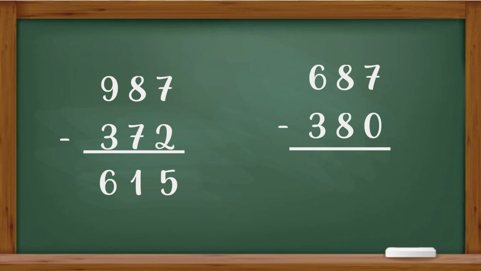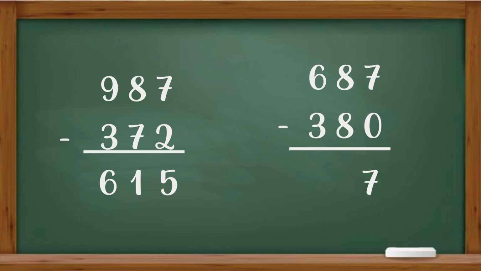687 minus 380. So 7 minus 0 is 7. Whenever we add or subtract any number from 0, we always get the same number as the answer. So here we will do 7 minus 0, and our answer is also 7.